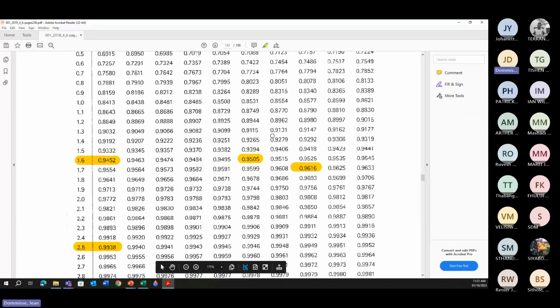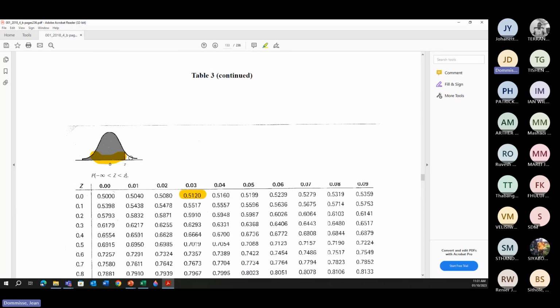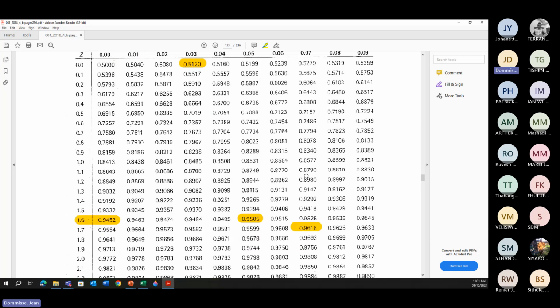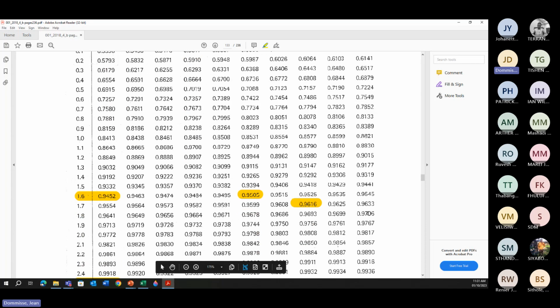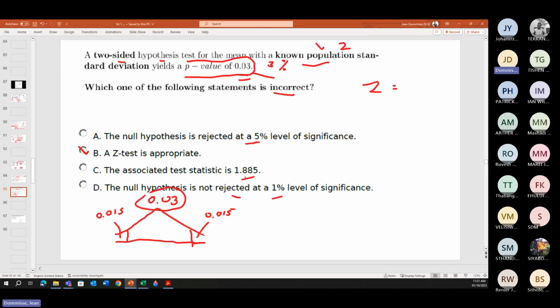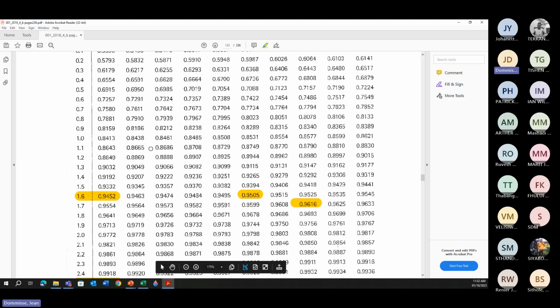We were looking for that area, which would have been 0.03. So we're looking at 0.97. We would have had 1.889 or 885. But we're actually looking for 0.015.